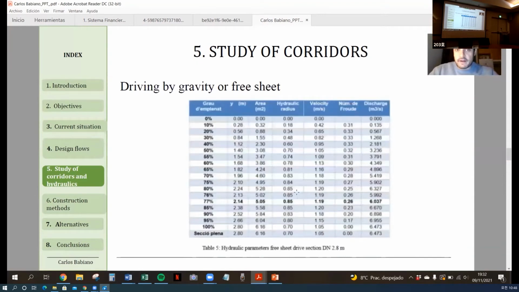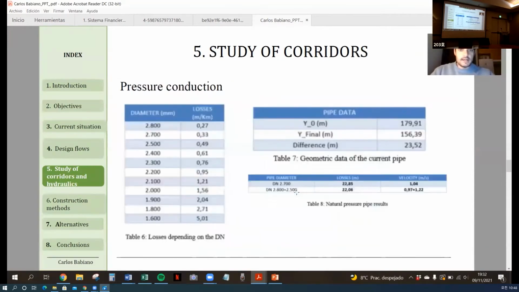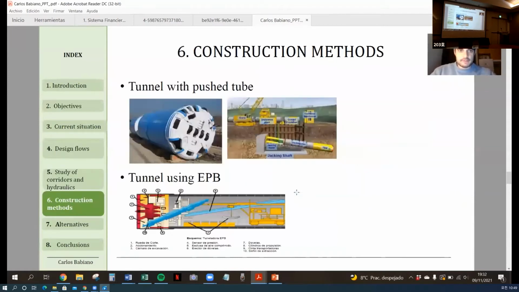Here we have the driving by gravity free sheet, and we can see how we have worked. The same for pressure conduction.